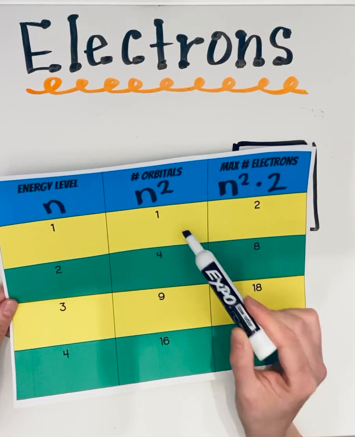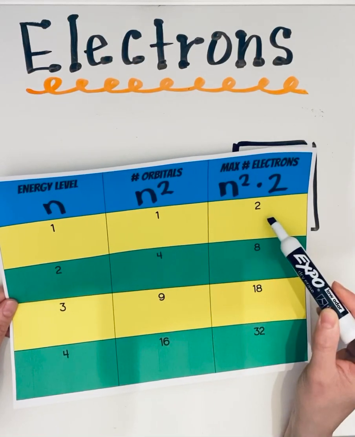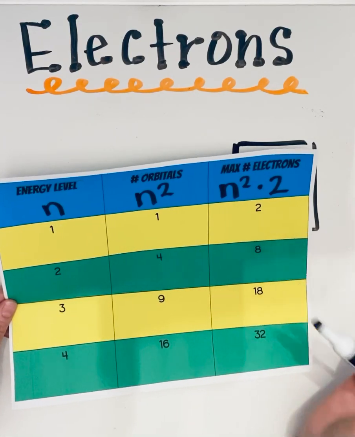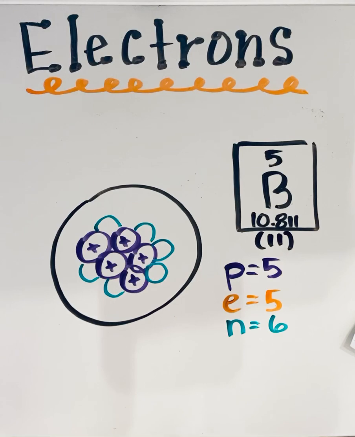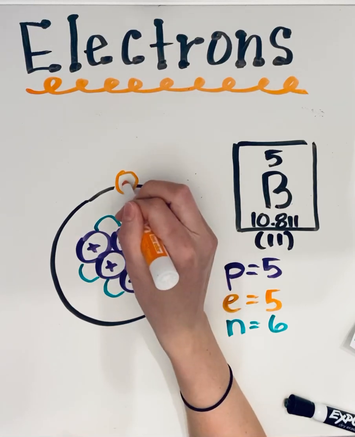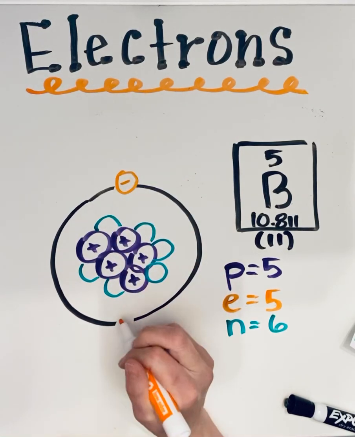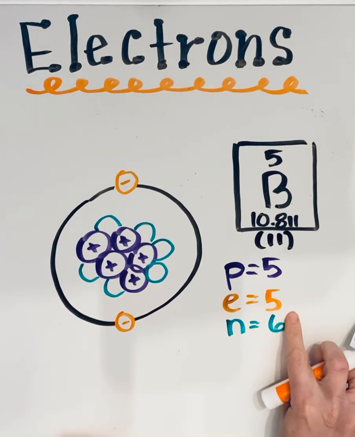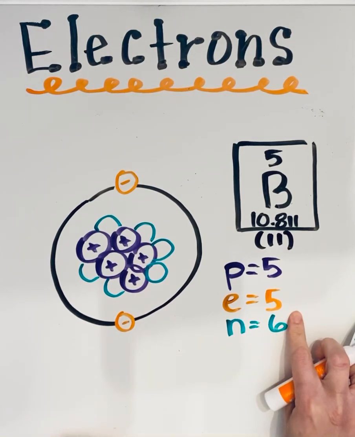Each room can fit 2 people, right? So I know that I can only fit 2 electrons on the first floor of my hotel. So I'm going to go ahead and draw my first 2 electrons. 1, 2.